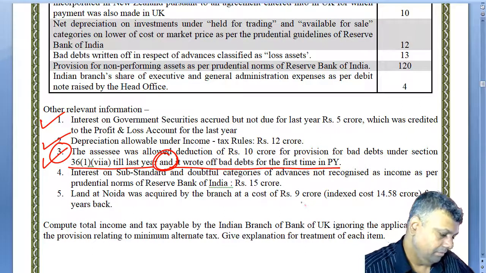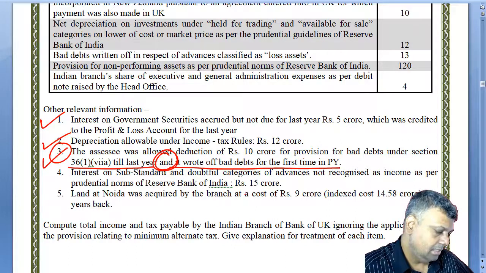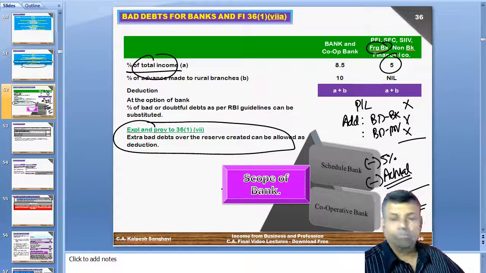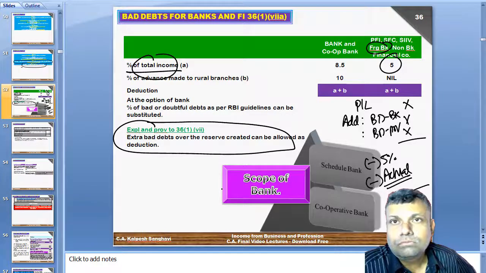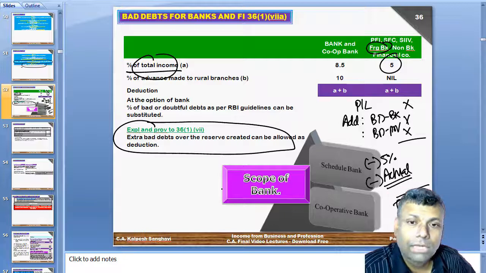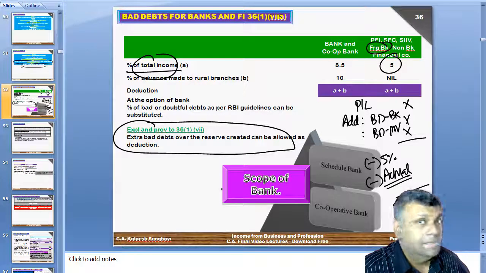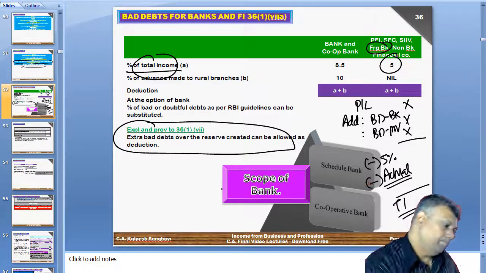Now, come to this particular page. Maximum attention is required. You should be in a good mood to study. I'm telling you. Otherwise, you are going to create a problem. Okay.